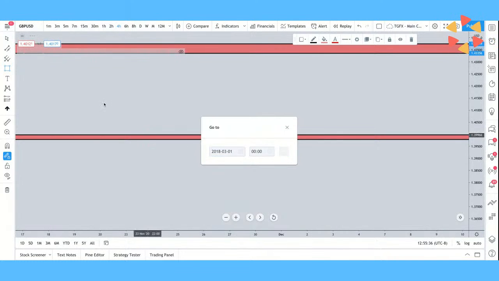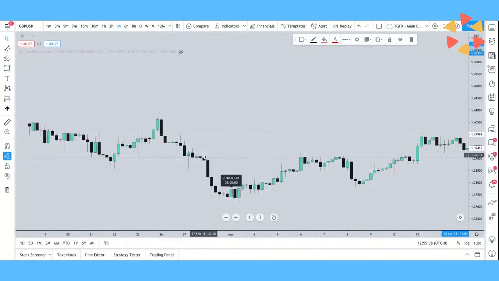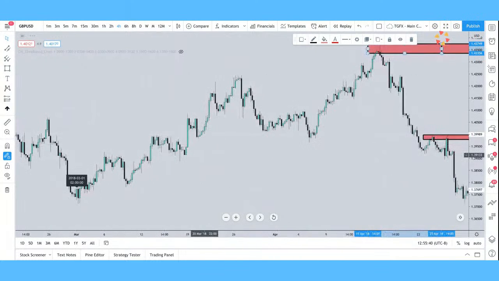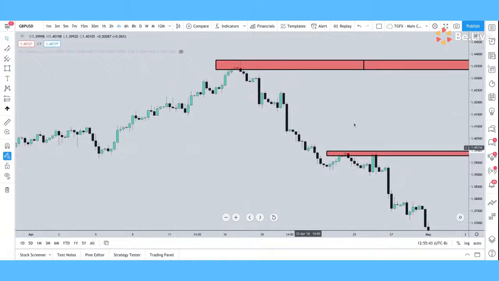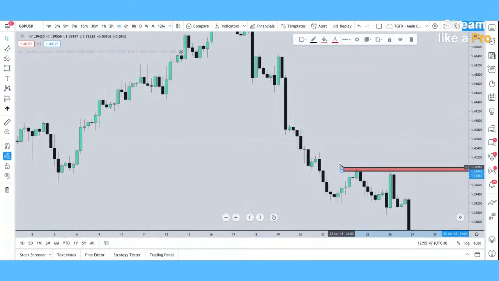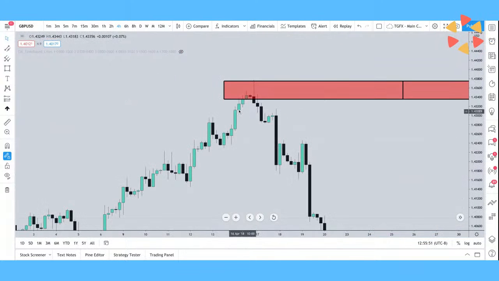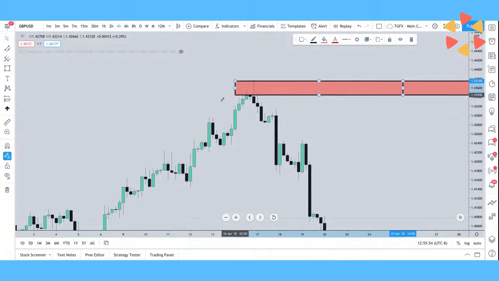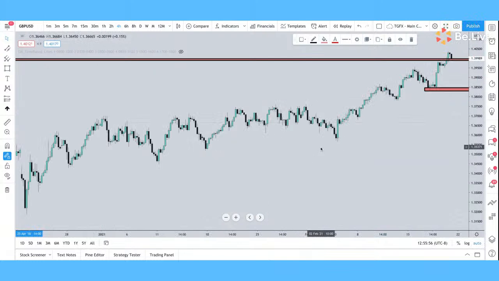Let's use this. All right, and what we're gonna do is just fine tune the zone to the wicks. All right, then we'll just fly back to current price action.